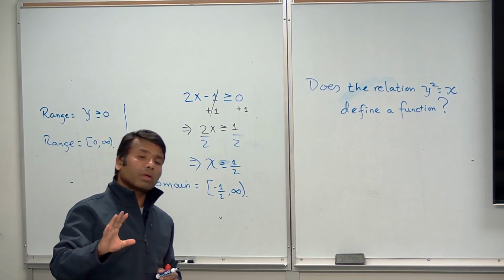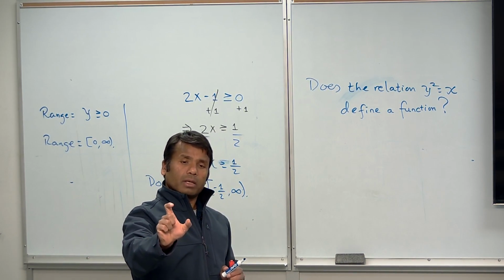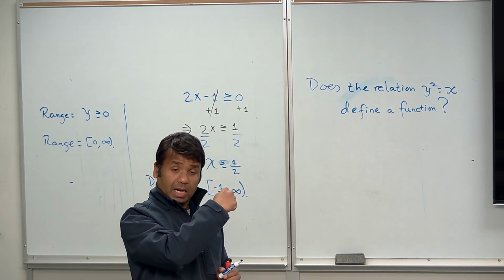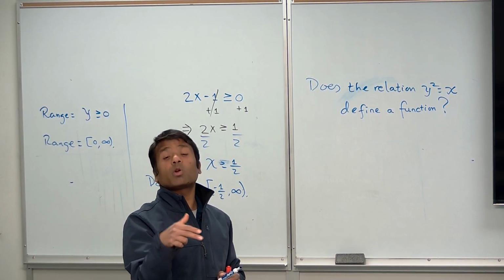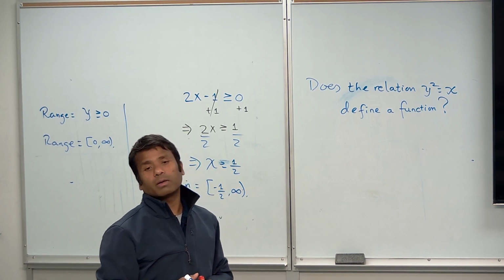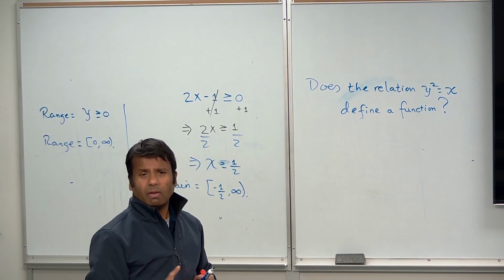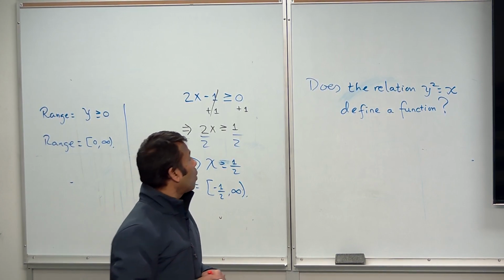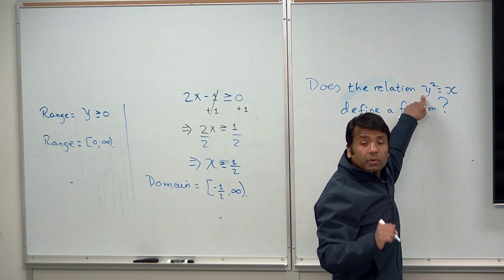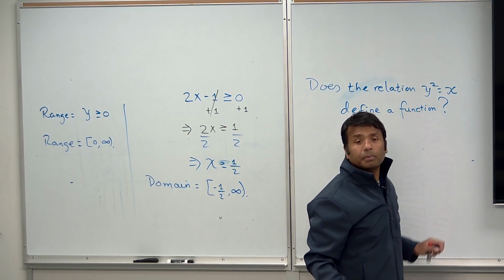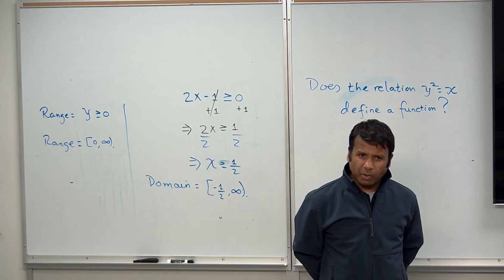You just think, you come up with a value of x, okay? When you plug in, if that value of x gives you two values of y, or more than one value of y, then it cannot be a what? Function. So do you have values of x that when you plug in here give you two values of y? Did you understand my question?